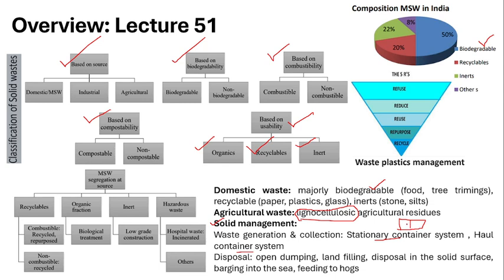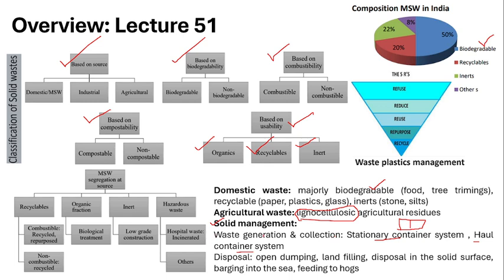We put the wastes in this tank, and from this tank the wastes are collected and taken to the storage site, and then treated one by one later. But in the hauled container system, it does not go to the storage site. It goes directly to the processing plant, and only the empty cans come back to the storage site. That is the difference between the stationary container system and the hauled container system.